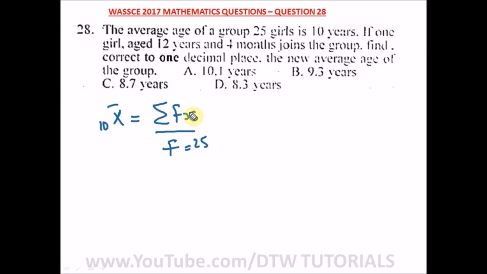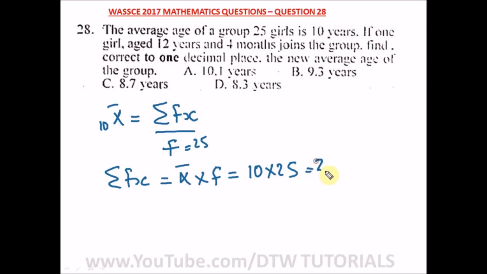So let's find the total of the ages of all the girls together, in the first place without the other girl being added, who has the age of 12 years and 4 months. So to get our summation of fx, it's our x bar times F, which is 10 times 25, which will give us 250.